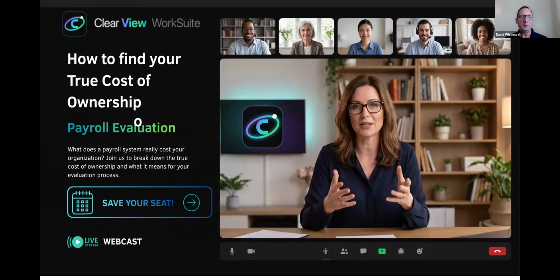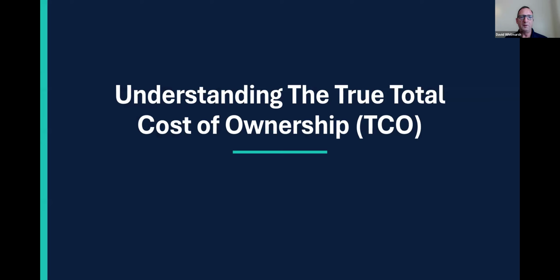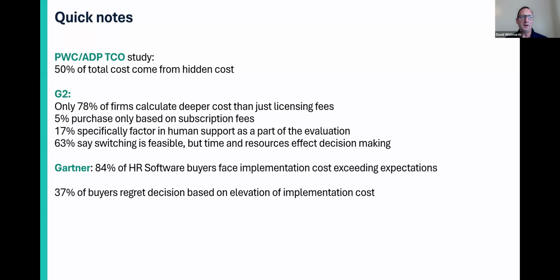I'm just going to run through a couple things that I've found here and set the tone for what we're up to. This section's on understanding the total cost of ownership when it comes to your payroll. From some industry notes, ADP and PwC did a study: 50% of costs from HR software implementations are hidden.